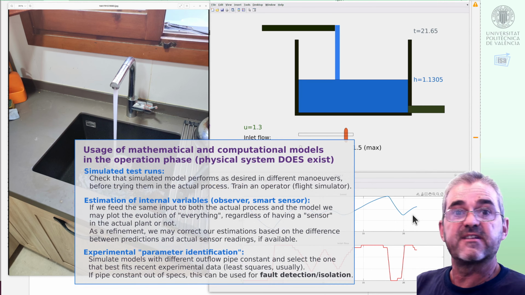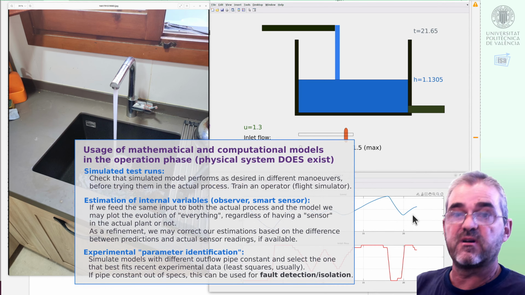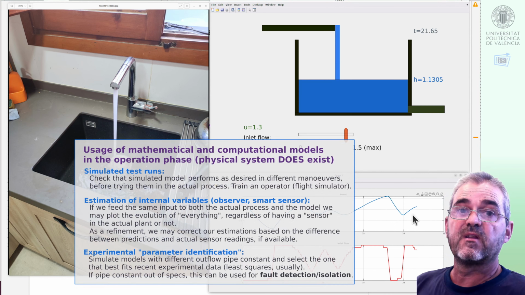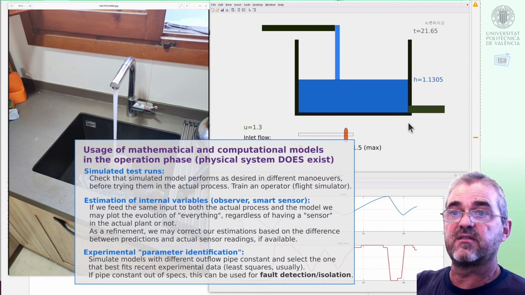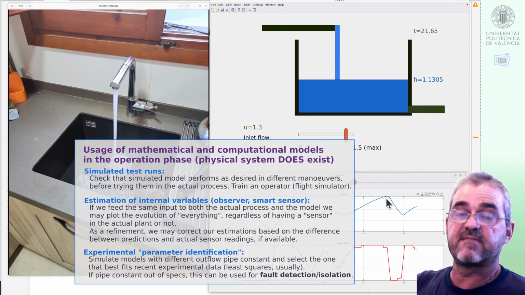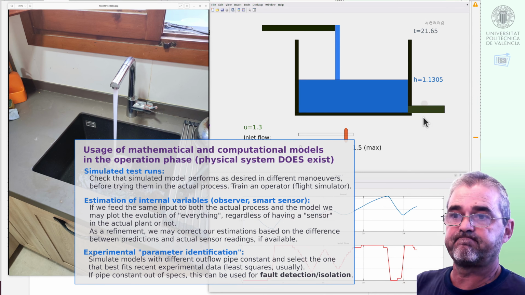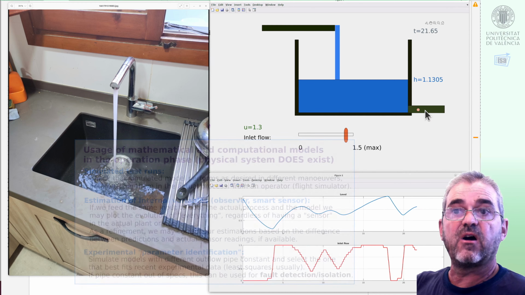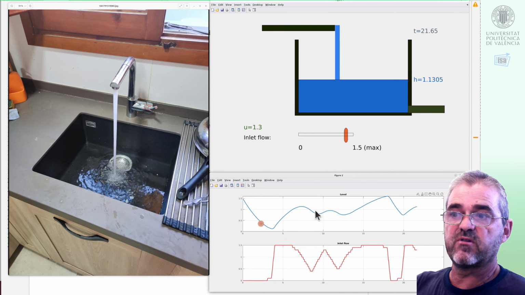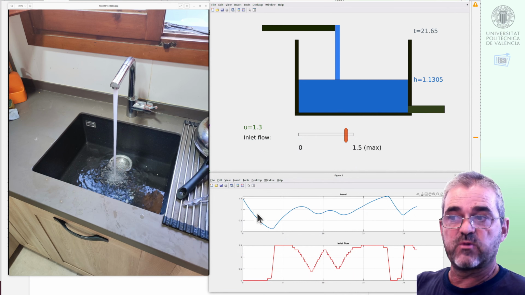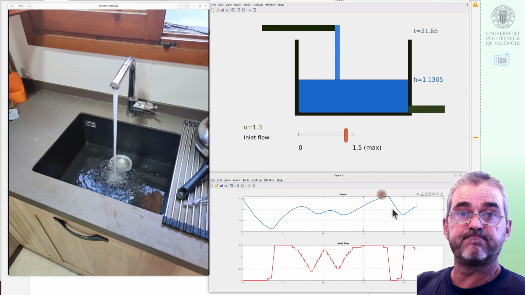This is called physical parameter identification, experimental identification, and for instance, I can detect that the outflow is lower than expected and use that identification for fault diagnosis in order to detect an obstruction of the outlet pipe. How? Well, simulating different outlet pipes and superimposing them to the actual experimental measurement of level.